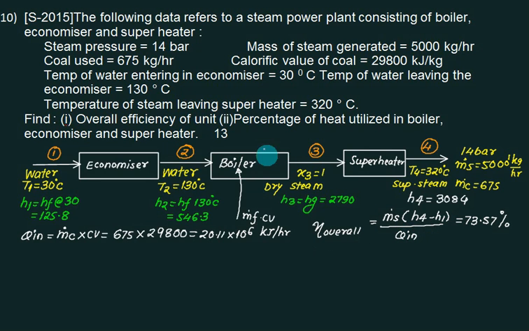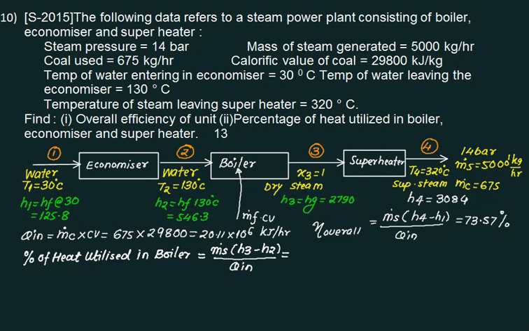Then you want to calculate percentage of heat utilized in boiler, economizer and superheater. So write percentage. Boiler is between 2 and 3. So this is M dot S, H3 minus H2 divided by Q in. Find out percentage, 55. Percentage of heat utilized in economizer. Economizer is between 1 and 2.